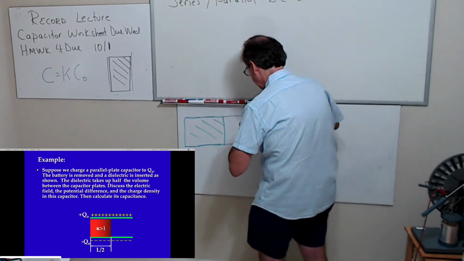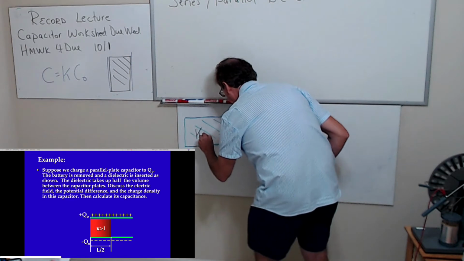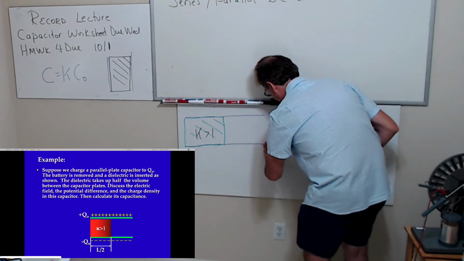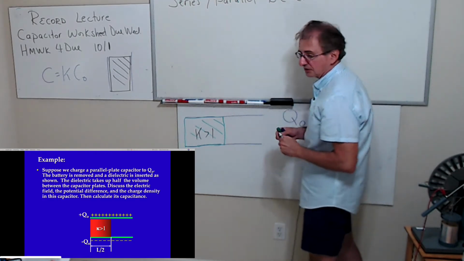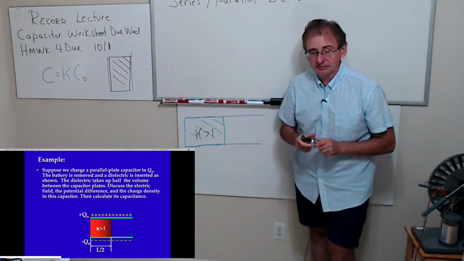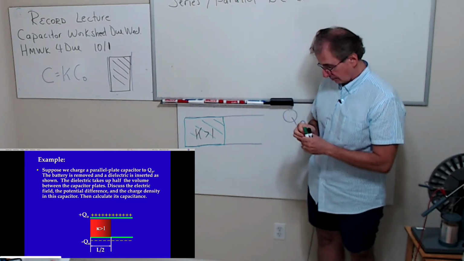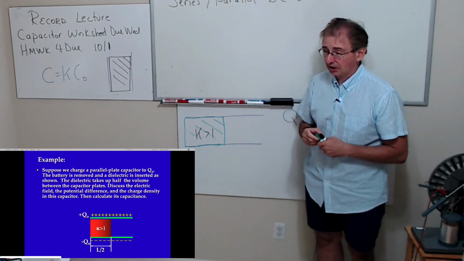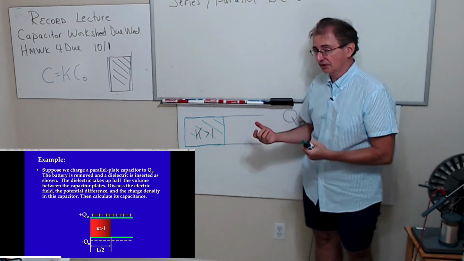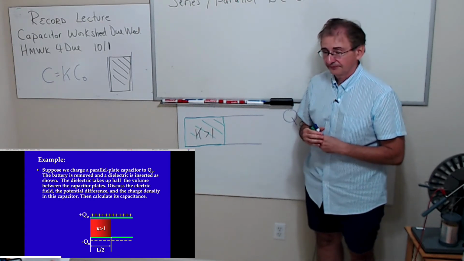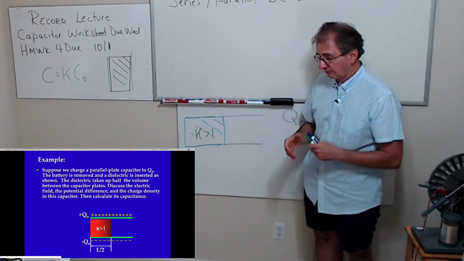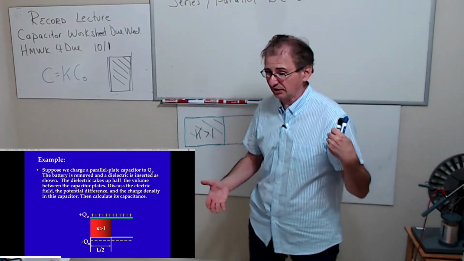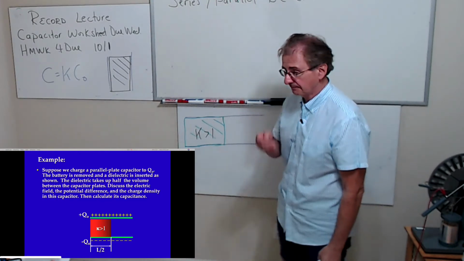And of course, this has dielectric constant kappa greater than 1. So the question is, what's the new capacitance of this system? What happens to the charge on the plates? We can also ask about the energy stored in the capacitor. And what's the potential difference between the plates? We can ask a bunch of questions. We can also ask about the charge density.